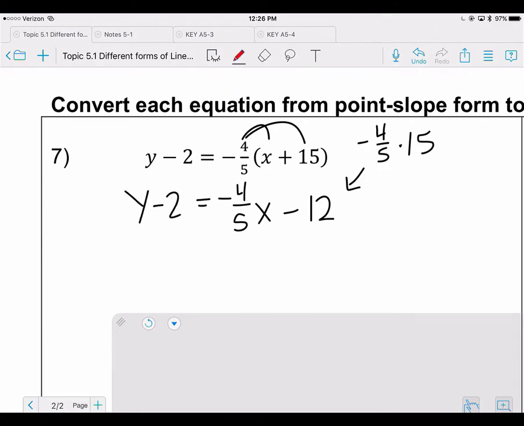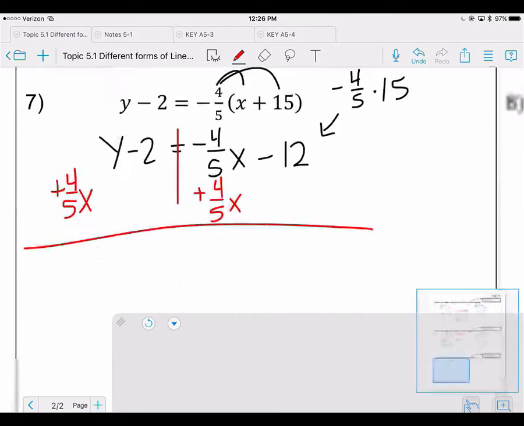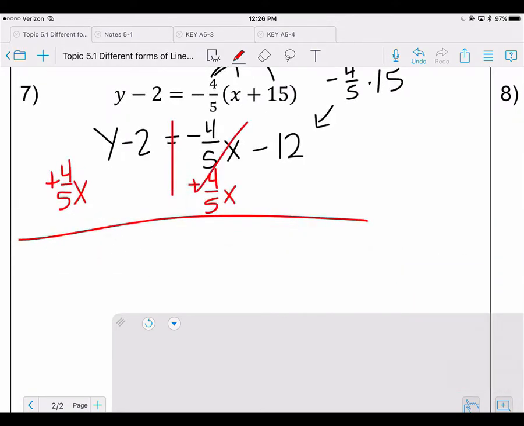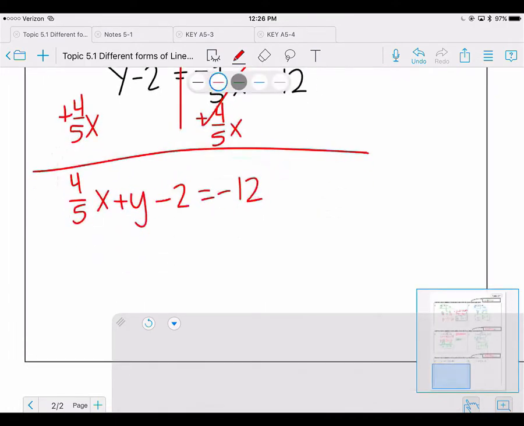From here, I'm going to go ahead and move x to the other side because I need x on one side and my numbers on the other. Remember, an x is an x, it's not a y, it's not a number, it is an x, and I move it by doing the opposite operation, so the opposite of a negative is a positive. So 4/5 x plus y minus 2 equals negative 12.